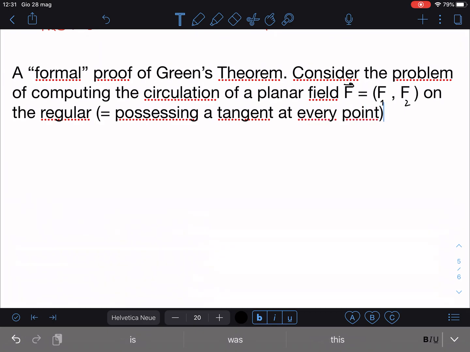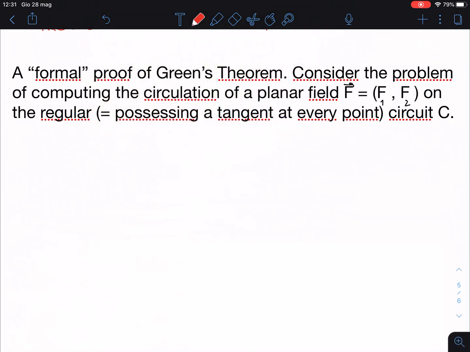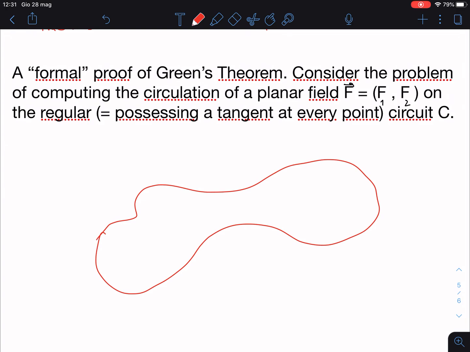So, circulation of a planar field on a regular circuit, let me call it C. Okay, so picture, you have this C, this is the circuit, and you want to compute the circulation.